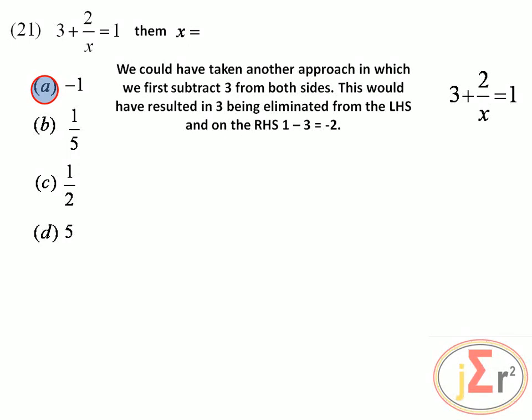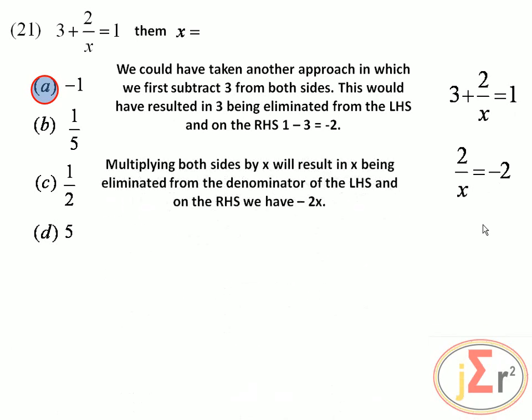This would have resulted in 3 being eliminated from the left hand side, and on the right hand side we have 1 minus 3 is equal to negative 2. So we have 2 over x is equal to negative 2. Then multiplying both sides by x will result in x being eliminated from the denominator of the left hand side, and on the right hand side we have negative 2x.